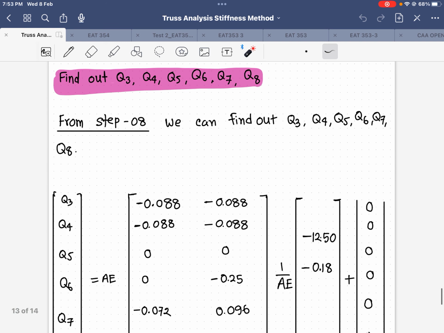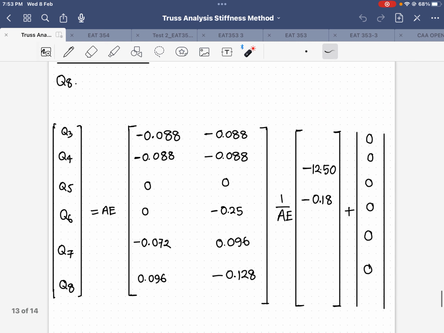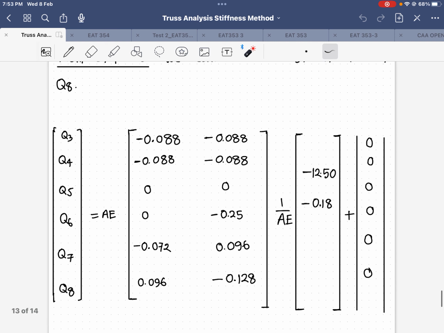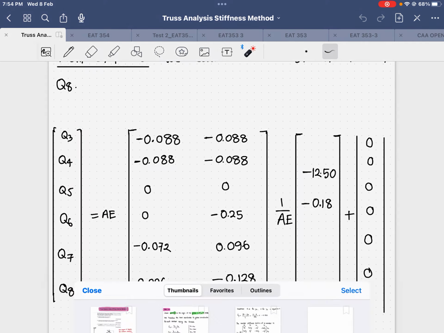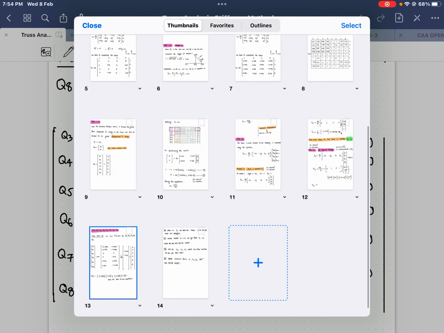Now I will show you how we can find out the external forces q3, q4, q5, q6 and q7. How will I get the q3 value? For q3 to q8, I have to go back to the matrix partitions.